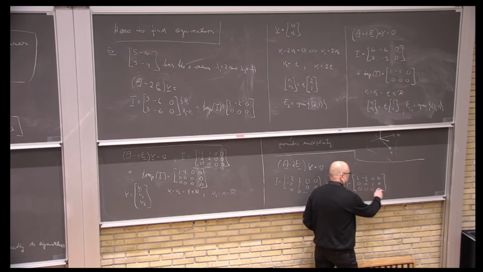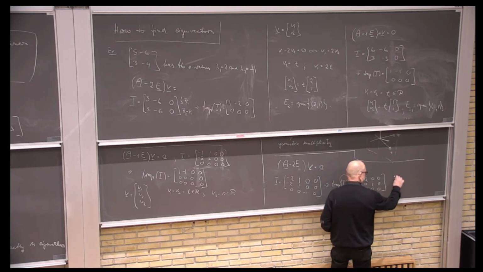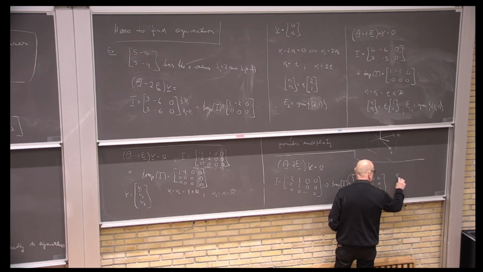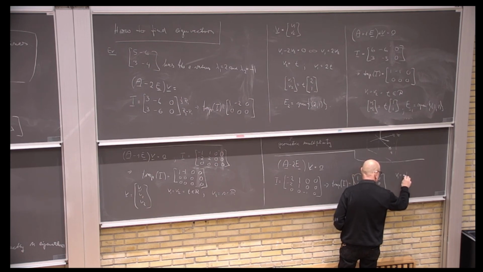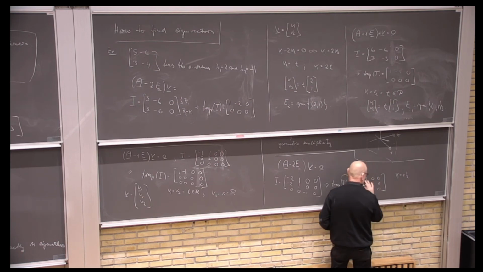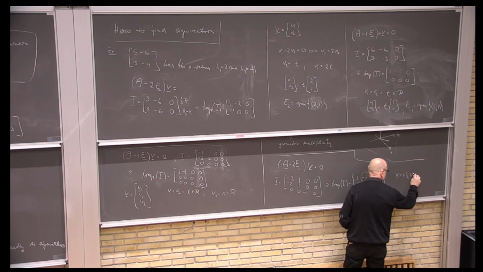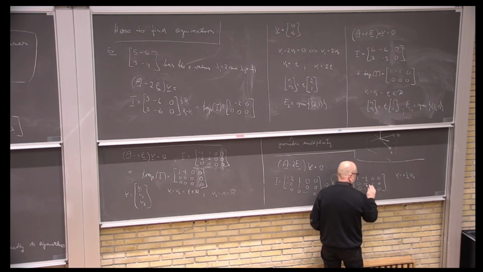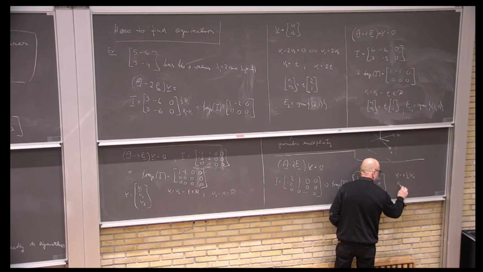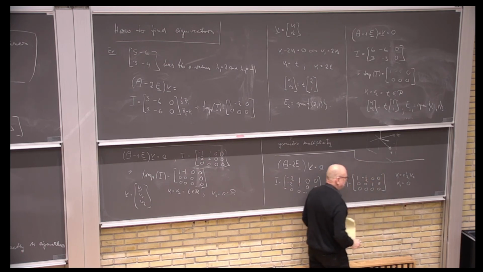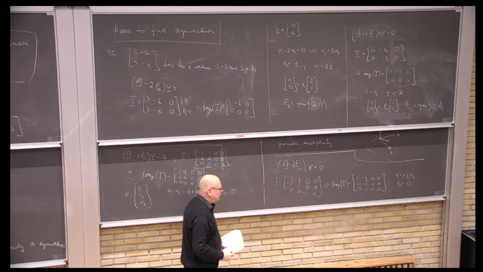If you interpret this as equations, you have v1 is equal to plus 1/2 v2, I moved it onto the other side. And then I have v3 is equal to 0. These are my equations.